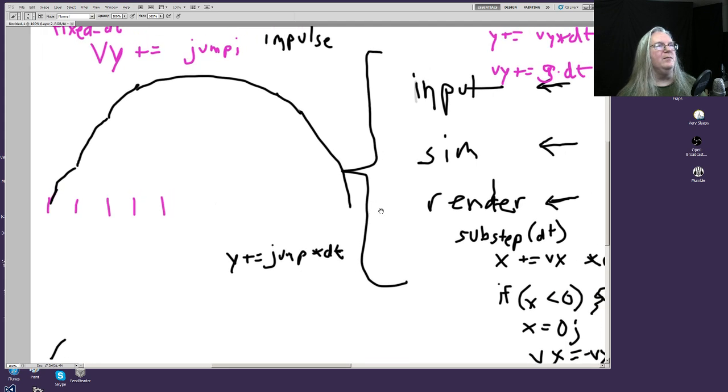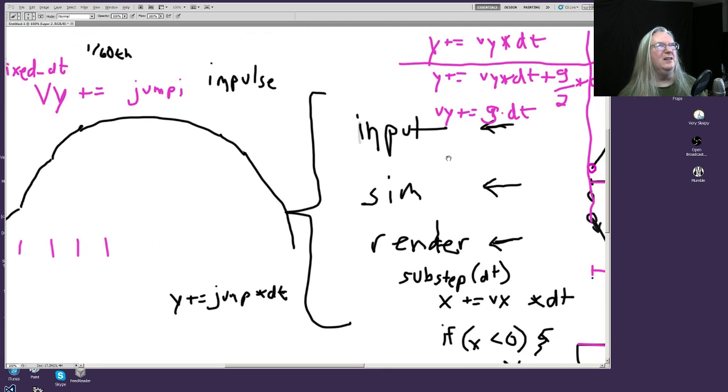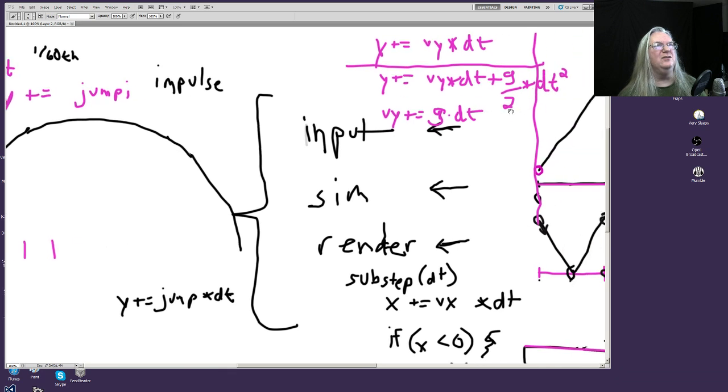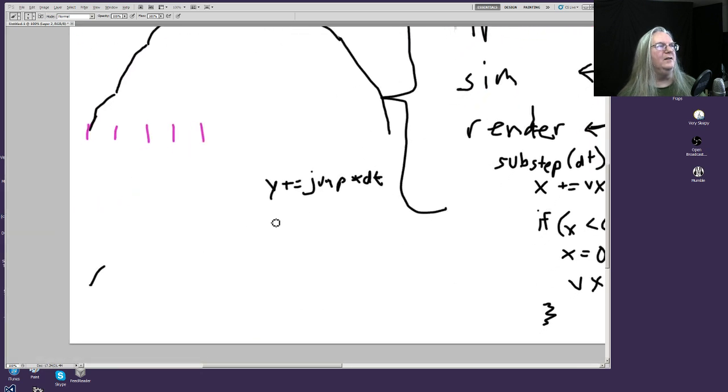So if we want to compute the equivalent effect using g over 2 times dt, then we want to say it has to add a over 2. It's not really a force, it's an acceleration. That's a really hard word to remember, he said sarcastically.